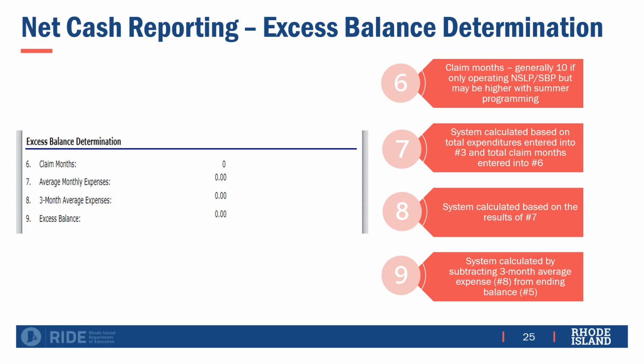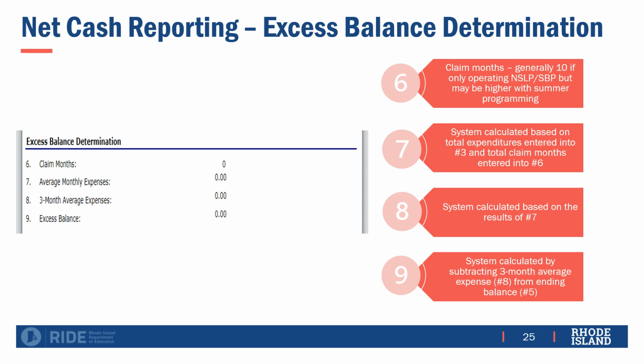Item number 6 will ask the SFA to enter the total number of claim months for the reporting period. For many SFAs, this will be 10 months, which would account for the full school year operating NSLP or SBP, but this number could be higher for schools operating a year-round calendar, or for SFAs operating a robust summer program.